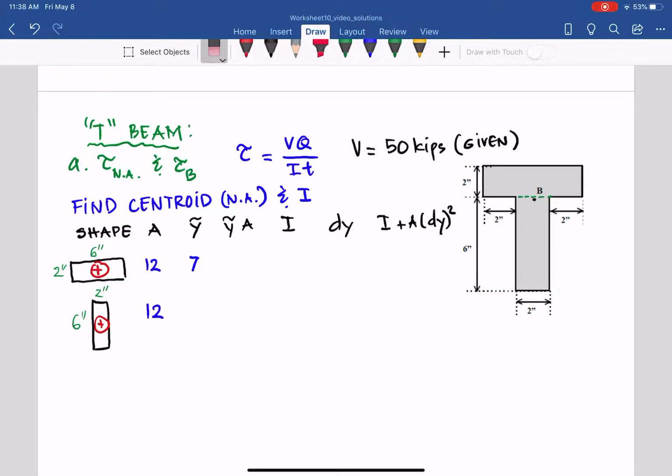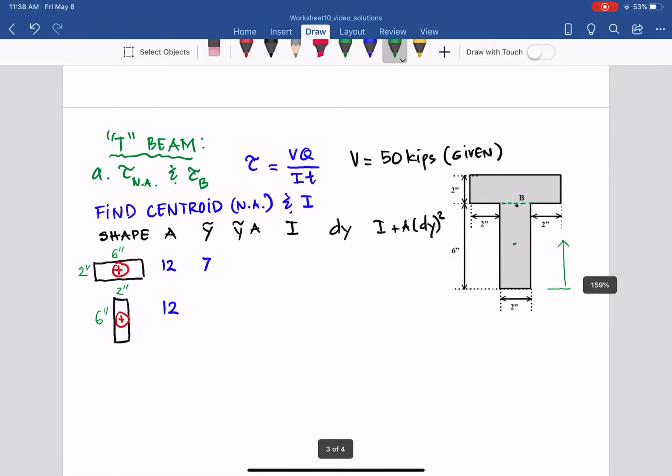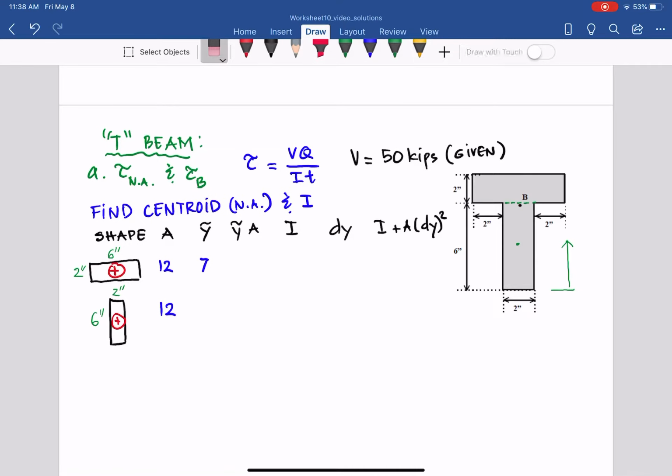The y bar for the next is from the bottom to the centroid of this whole shape here. The height is 6 for the rectangle, so the centroid of that individual shape is at 3. We can plug in 3 inches.